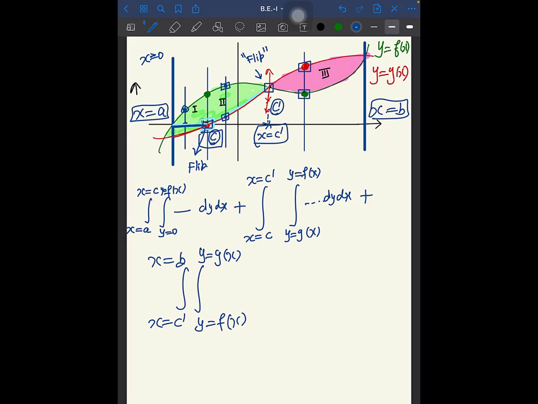So our lower limit is at the green curve, which is y is equal to fx, and upper limit is at the red curve, which is y is equal to gx. So some function dy by dx. So that's how we'll calculate those limits when we have this kind of setup.